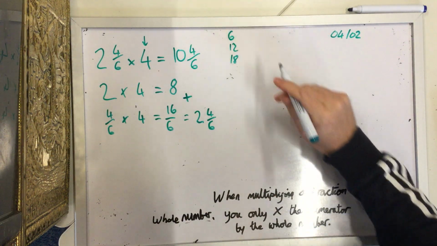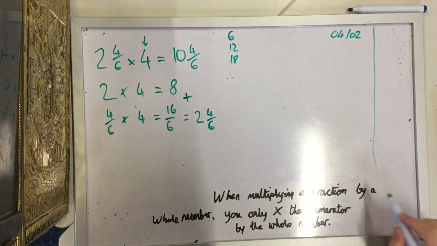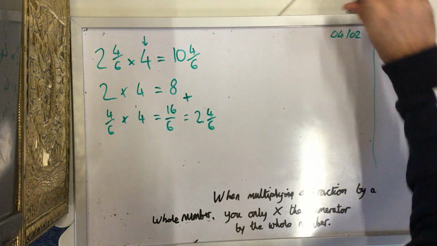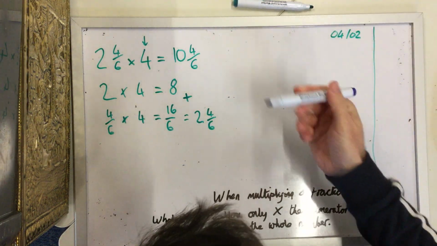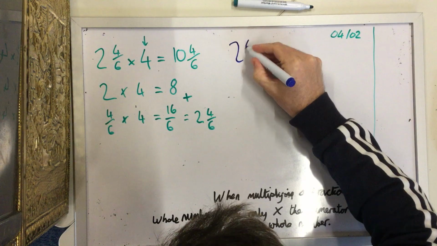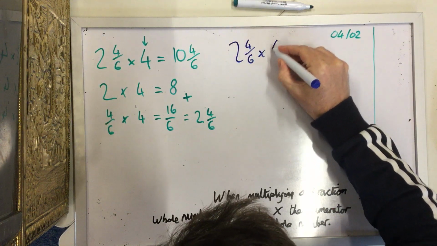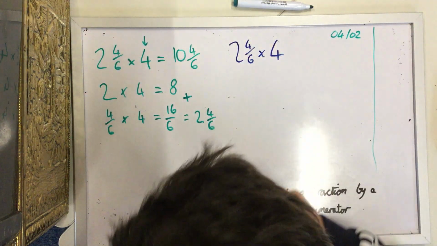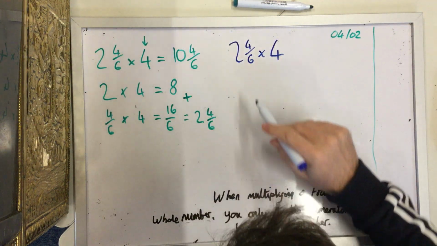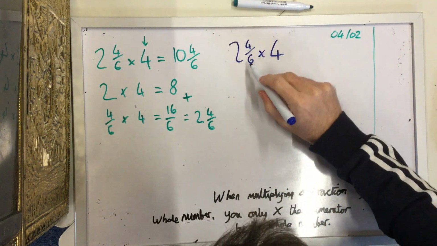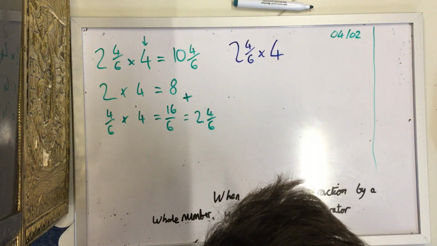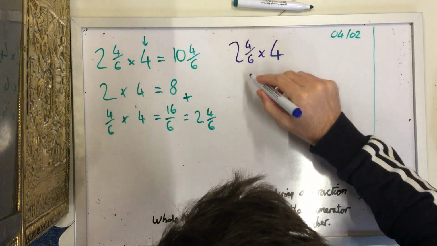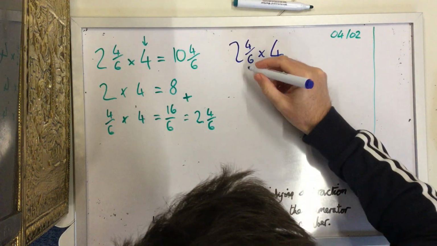And then the second method, if I split my board down, do you remember? Let's try a different colour this time. So we've still got 2 and 4 6ths times 4. So the way to check, we're hopefully going to get the same number. Like last week, we're going to convert this into an improper fraction. Using MAD, we're going to multiply it, then add these bits and put it back over its original denominator.